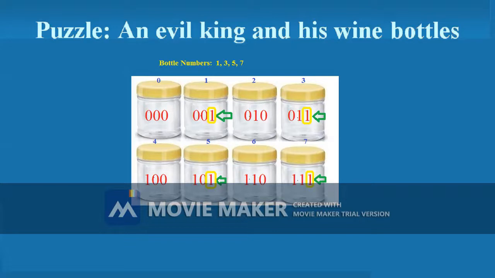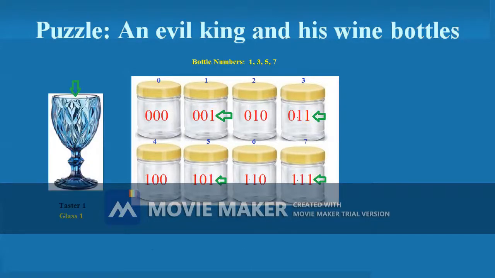Those bottles are selected. From each of them, one drop of wine is taken. The drops taken from wine bottles 1, 3, 5, 7 are dropped into glass number 1, which is given to taster 1 to drink.